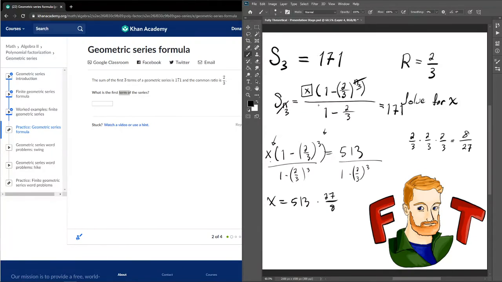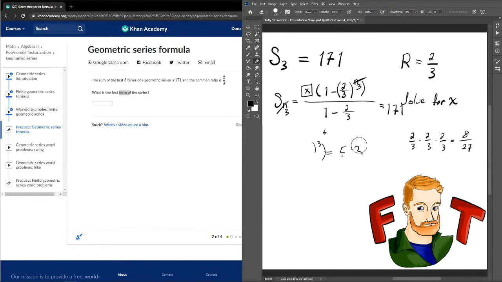So this is 1/3. Something divided by 1/3 is the same as it times 3. I made a pretty big mistake here. It is a challenge sometimes figuring out what you did wrong. This is all wrong.